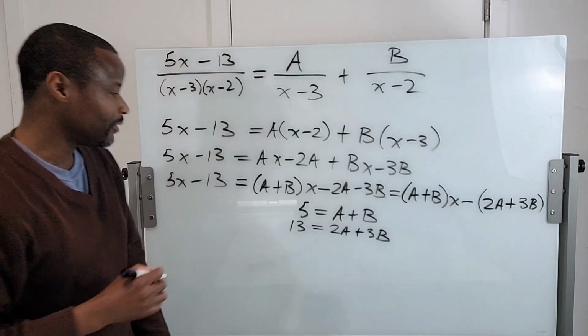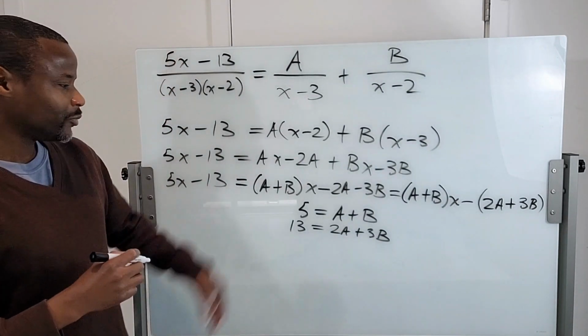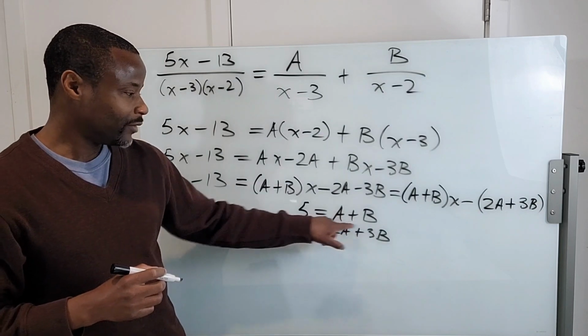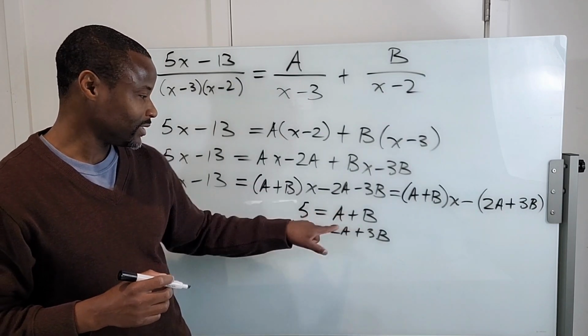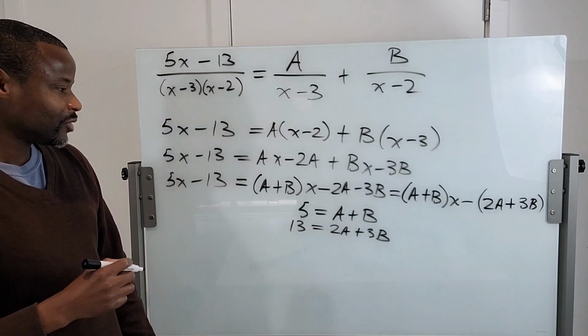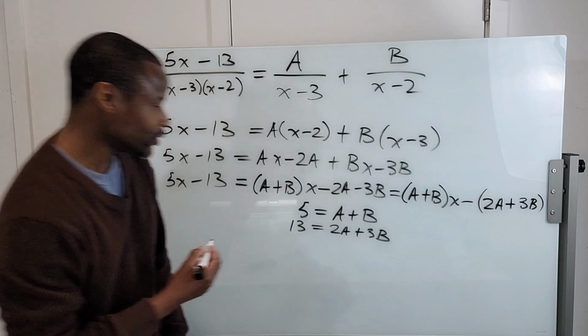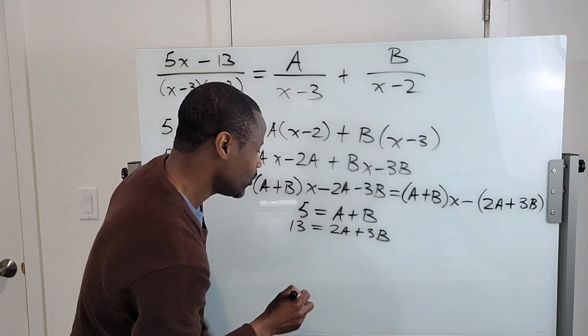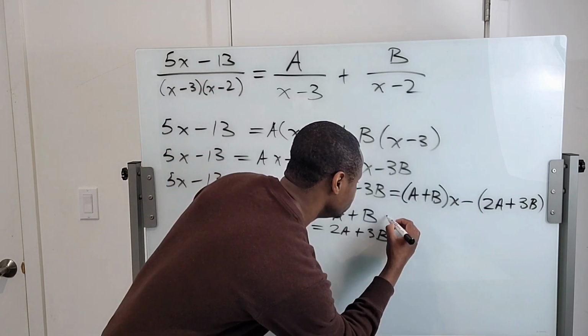Okay, so how do we solve this? Well, there are multiple ways to solve this. We can figure out what A and B are in terms of the other expressions and then substitute, or we can eliminate. Let's try elimination. So I'm going to multiply this top one by negative 2.